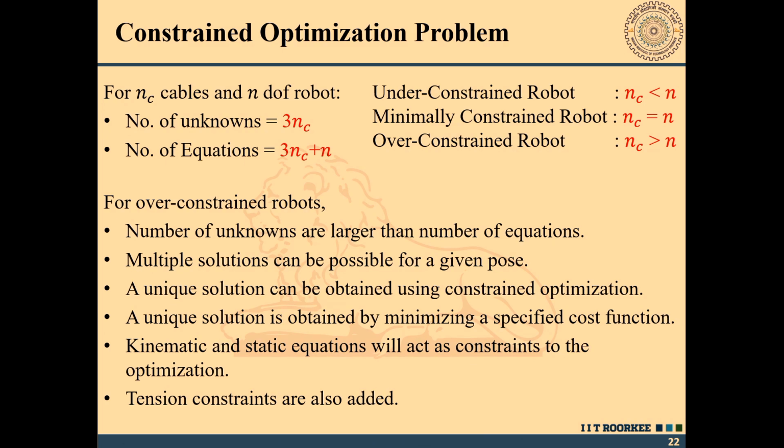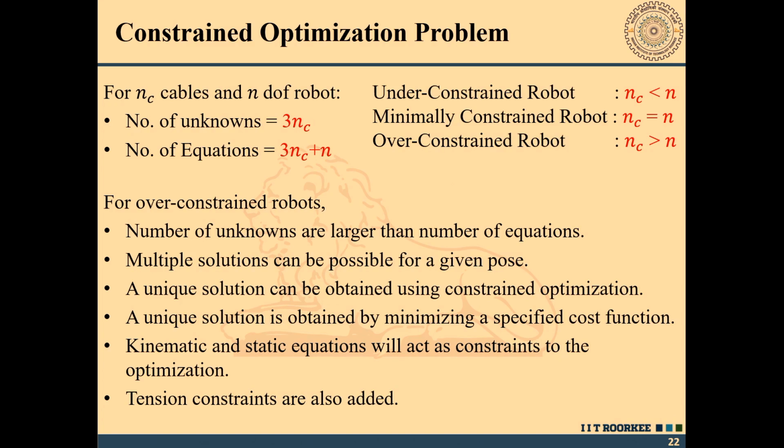If, say, there are NC number of cables and an n degree of freedom robot, the number of unknowns is naturally going to be 3 times NC and the number of equations is 3 NC plus n, and these are the conditions which I explained for the under-constrained, minimally constrained and over-constrained, where your number of cables is going to be more than the number of degrees of freedom.